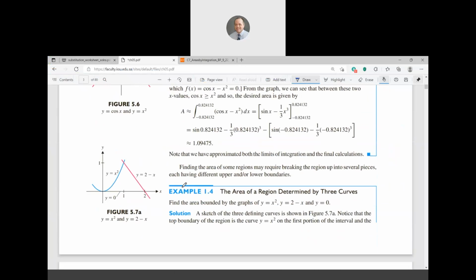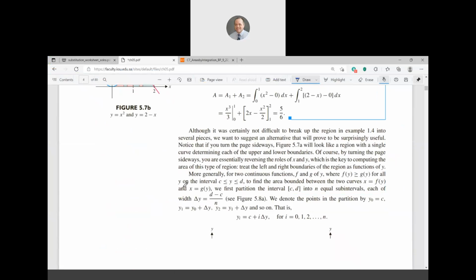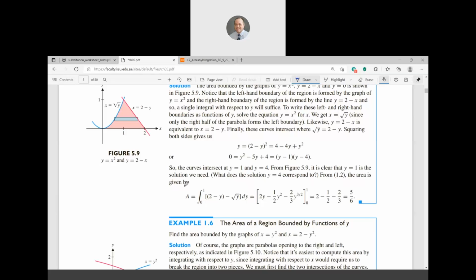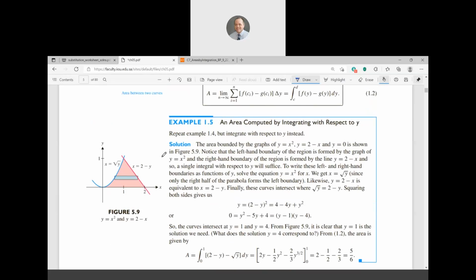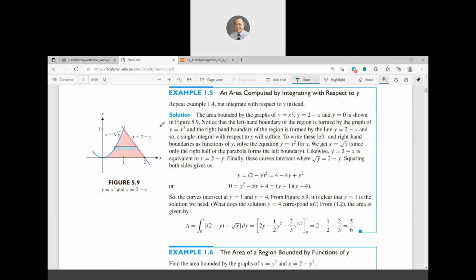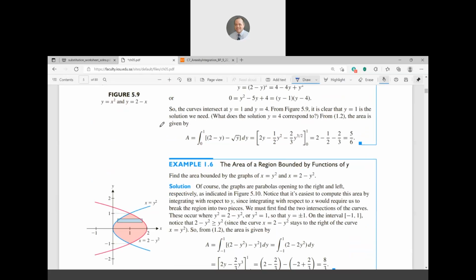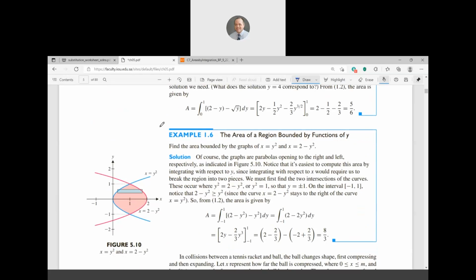So let's take a look here if I can find one. Just a second, let me copy the problem and also copy the picture.